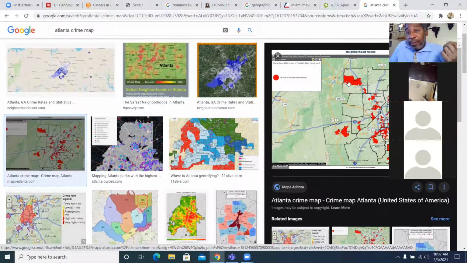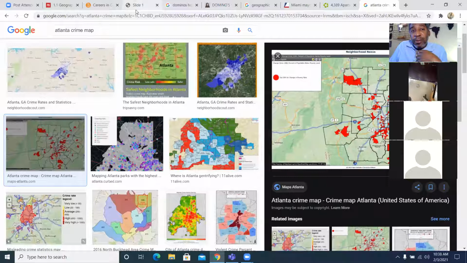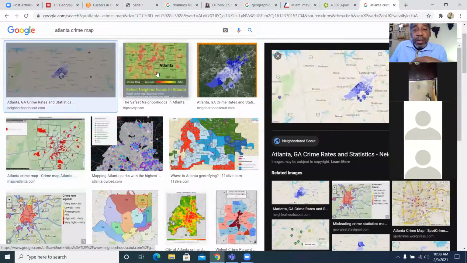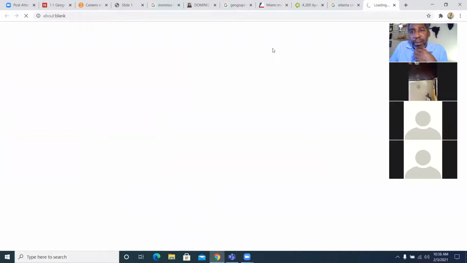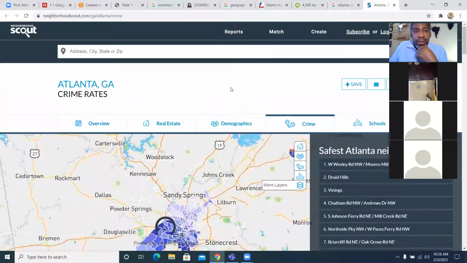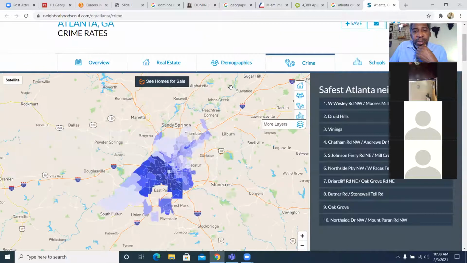And it's very effective because a lot of criminal activity is based upon demography. A lot of times, if a population has a lot of young people, they commit more crimes. And so then you would have to try to develop some kind of way to get youth programming, get young people off the streets in those neighborhoods, get them into diversionary programs, find something else to do. So here's the Atlanta, Georgia crime map.